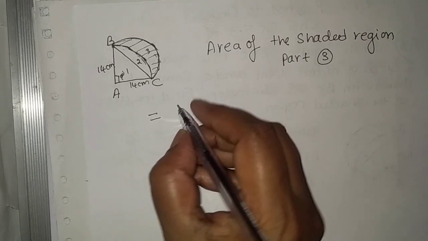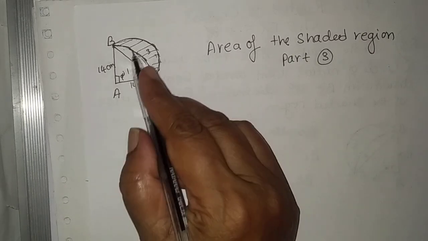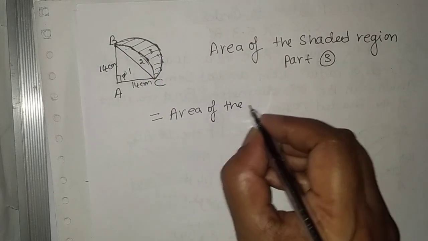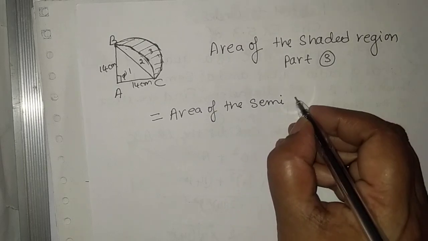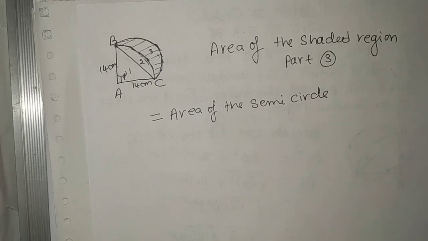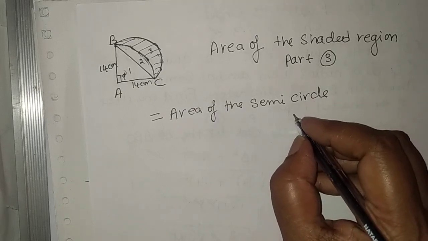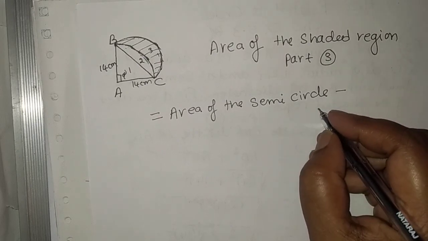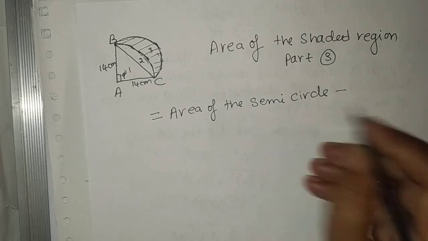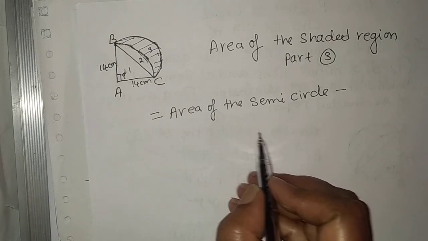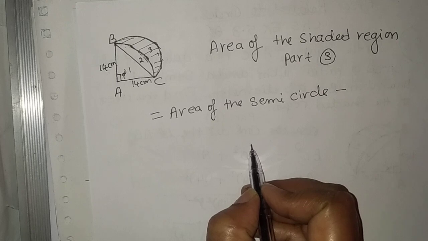That is the area of the semicircle, minus this one, the area of the triangle, which will become how much?